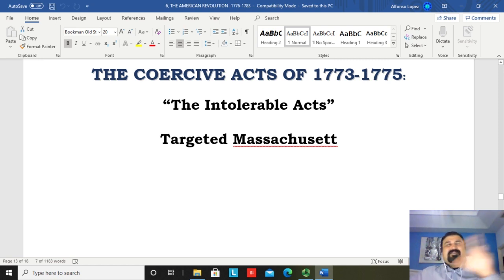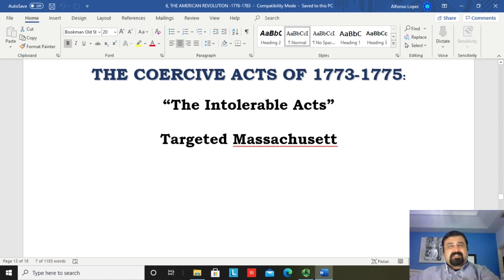In other words, they said, well, this is enough, so now we have to act more decisively. And they passed a series of acts targeting Massachusetts, to punish Massachusetts, in other words, to discipline the Massachusetts colony. They were called the Coercive Acts. The Coercive Acts of 1773, and there were some others that were passed in 1774, 1775, for about 2 years.